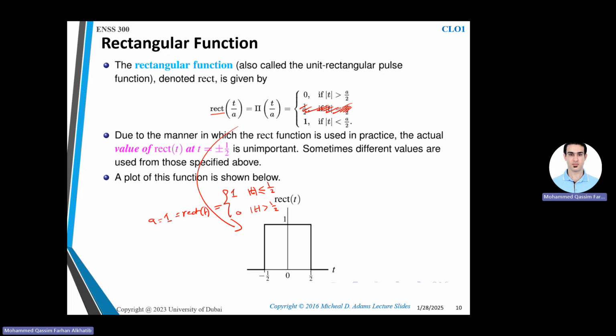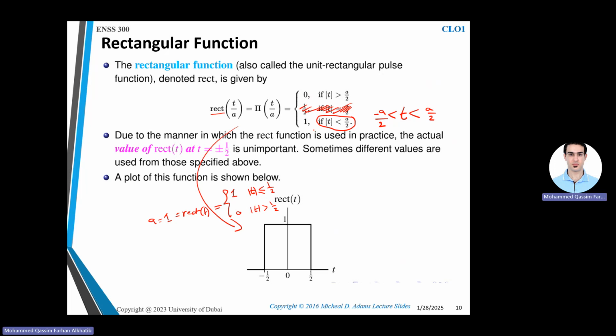Now, an easier way to write this expression is t less than a over 2 and larger than negative a over 2. That's the easier way to express that function.